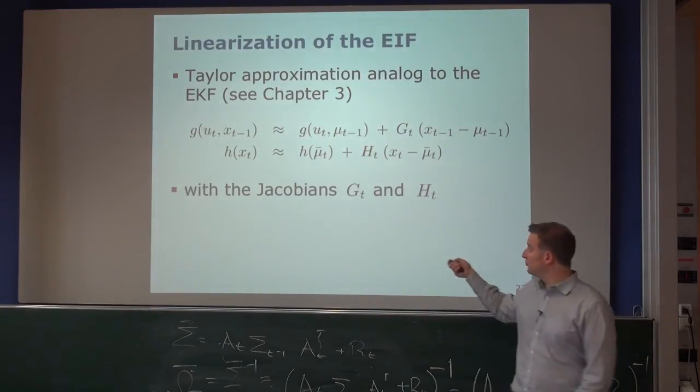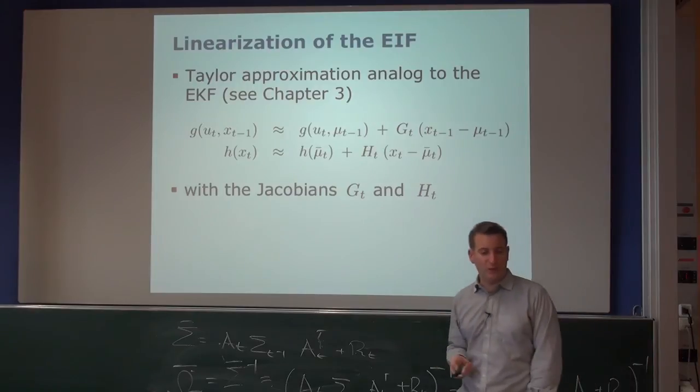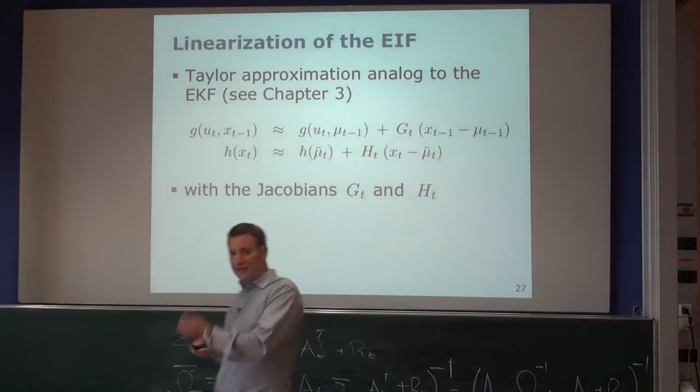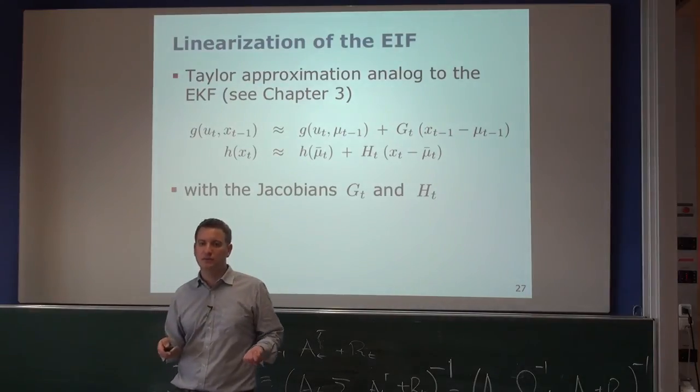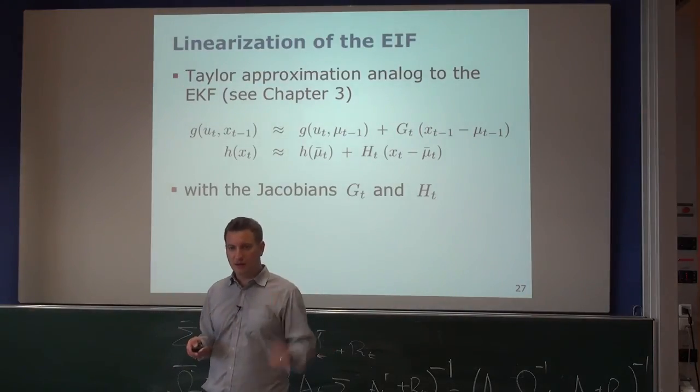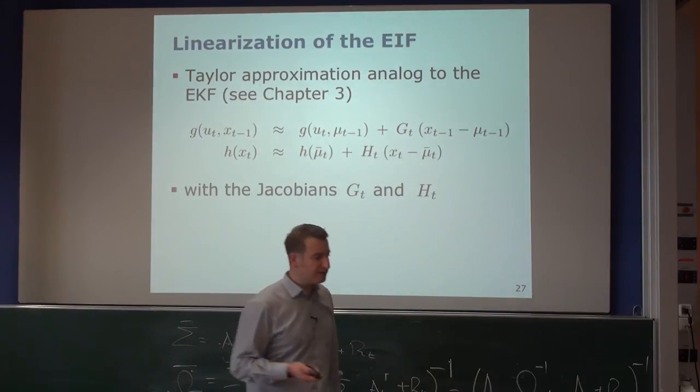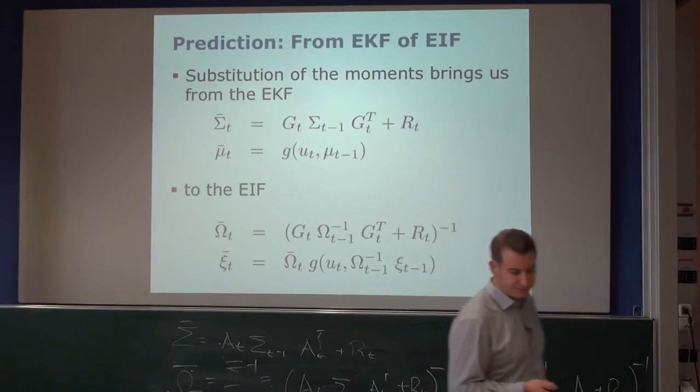So that's the Jacobian G and the Jacobian H, and this way we have linear functions. So we just look at which steps of the Kalman filter changed going from the Kalman filter to the extended Kalman filter, and see where we need to make those changes for the extended information filter as well.